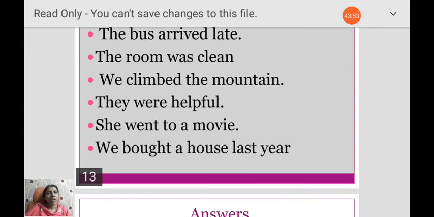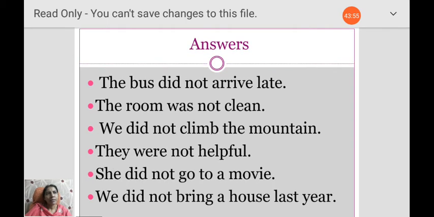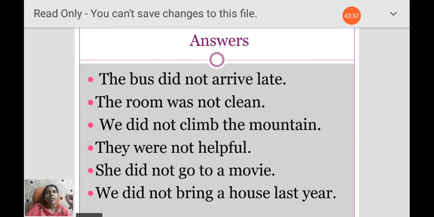See here, the answers. The bus did not arrive. Here, arrived is there in the question: the bus arrived late. Instead of arrived, we used did not, and then the base form, that is arrive, is used. That you need to remember. Did not plus base form, not the past form arrived. Did not plus V1 form.